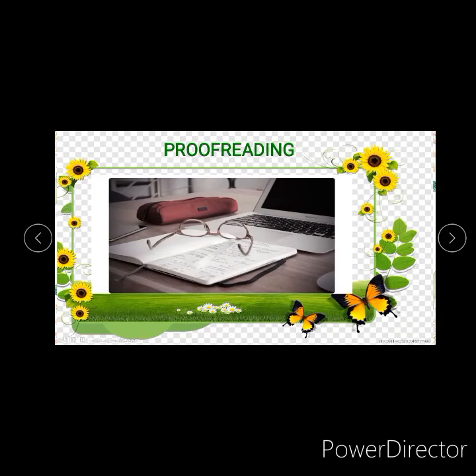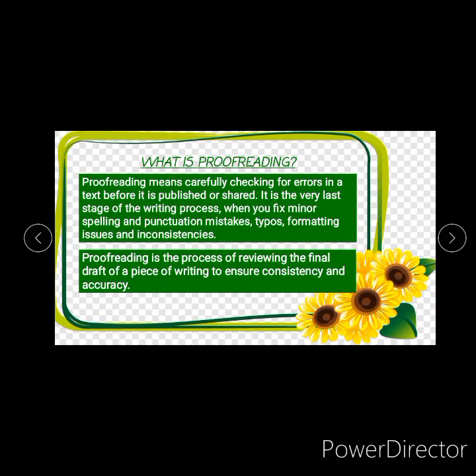Now let's proceed to proofreading. What is proofreading? Proofreading means carefully checking for errors in text before it is published or shared. It is the very last stage of the writing process when you fix minor spelling and punctuation mistakes, typos, formatting issues, and inconsistencies.